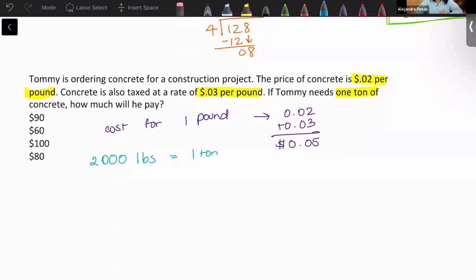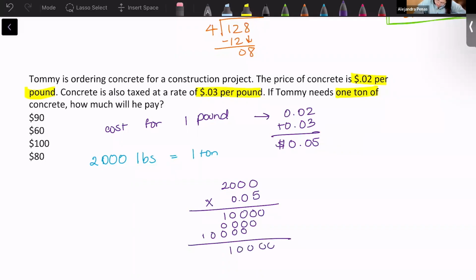We know the cost of 1 pound, so we just need to multiply that by 2,000, and we're going to find out how much is going to be for a ton. So we're going to have 2,000 pounds multiplied by the price of 1 pound, which is 0.05. So let's see what we have here. We're going to have 0, 0, 0, 10, and then a bunch of zeros. And we're going to have a total of 2 numbers behind a decimal point.